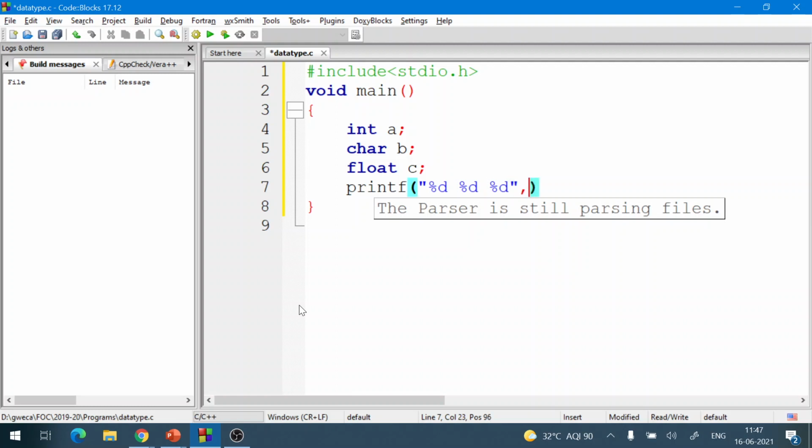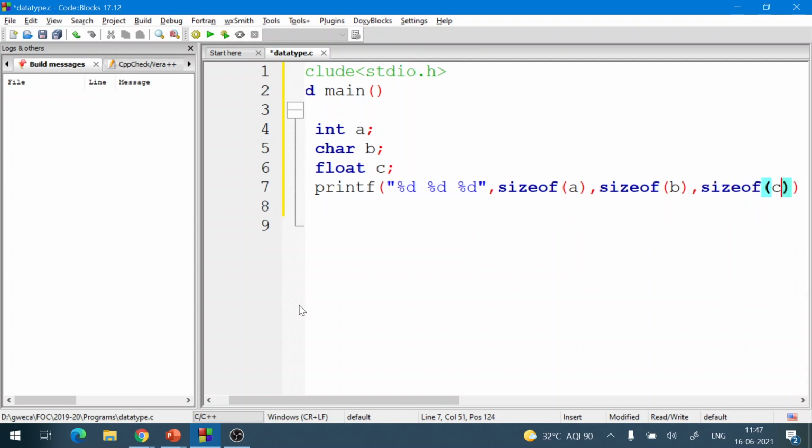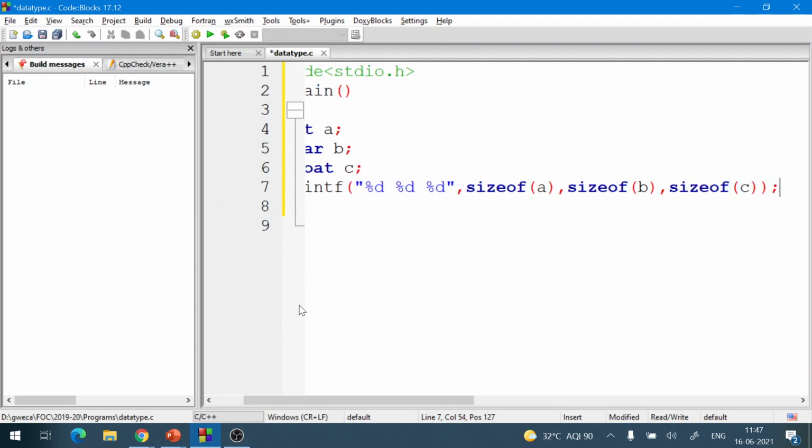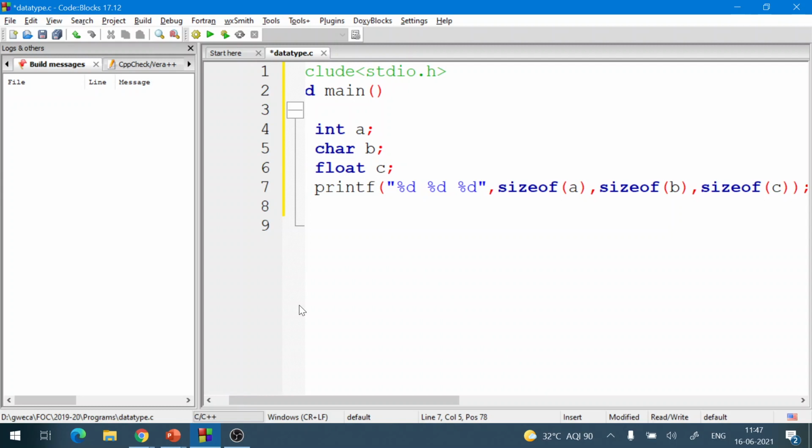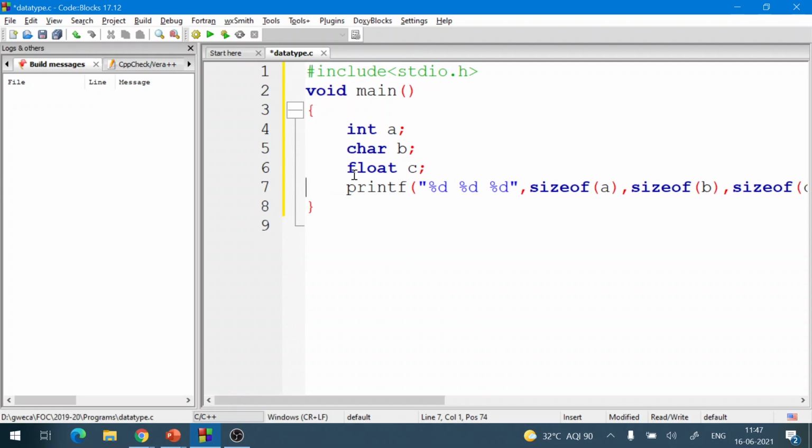We want to print sizeof a, sizeof b, sizeof c. It looks like a function but it is an operator. Now it should give some output, and we want to see the output for integer a, character b, and float c.